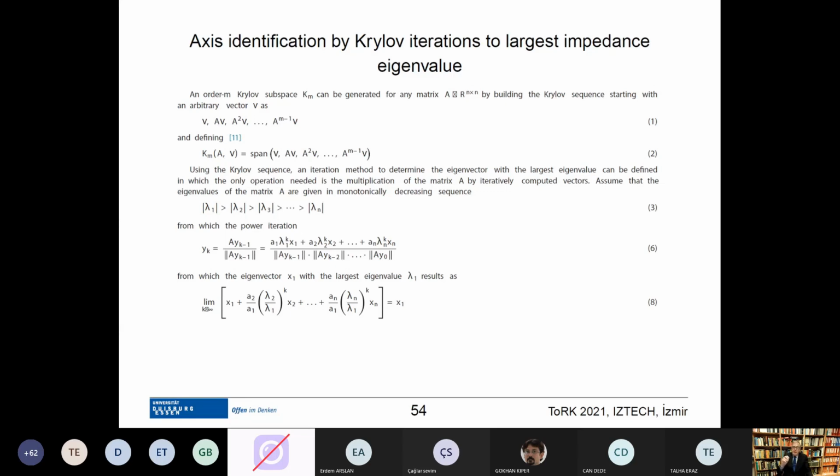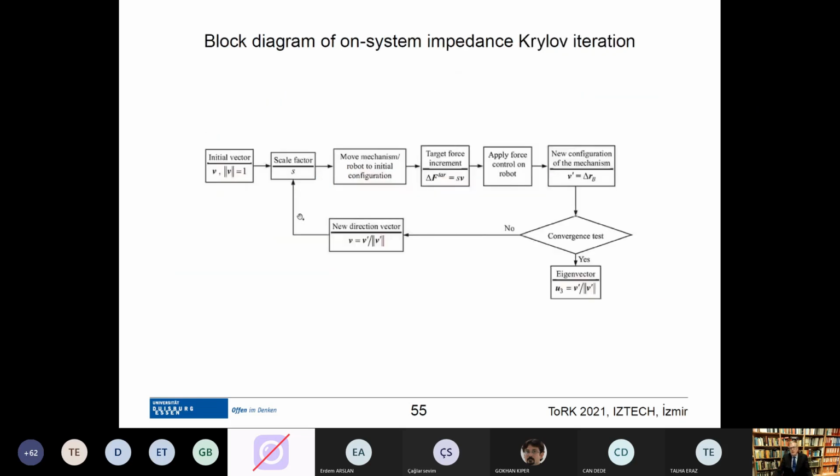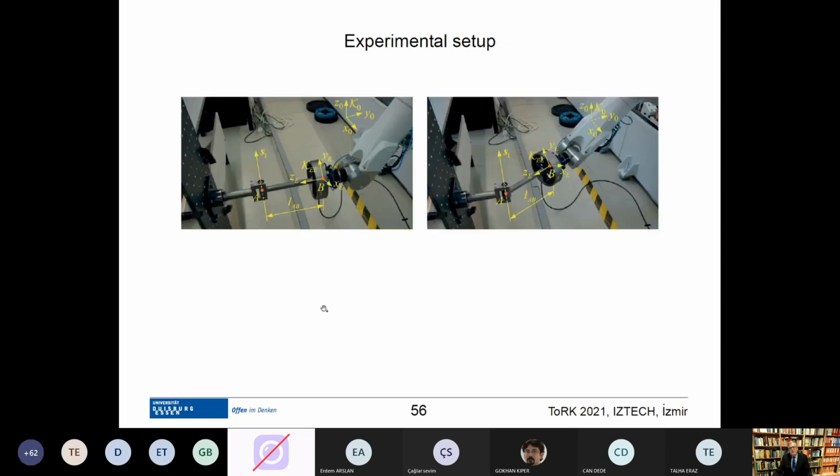And then we expect that we will converge to the axis with the smallest impedance. So more or less, it's a very simple iteration where we just apply a force, look at how it's moving, then rescale this to a force and apply it until we have convergence. And we tried this, of course, not on a human body, but first on a test rig.